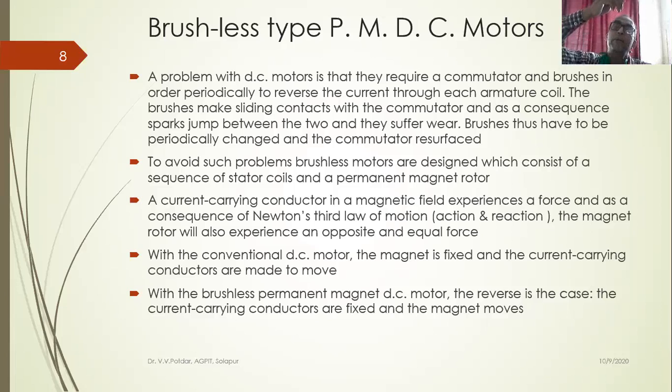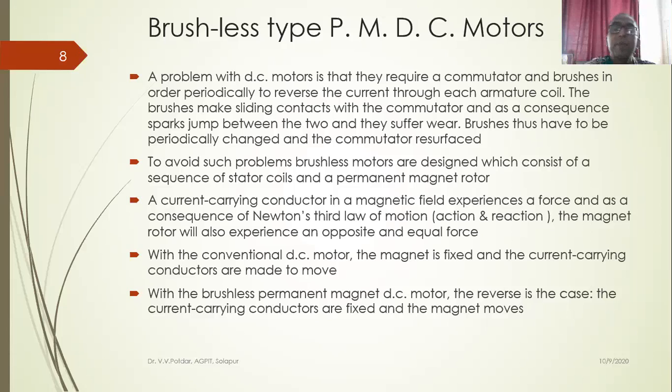The stator is developing, so to say, a sequential or rotating magnetic field, and that magnetic field is developing an electromotive force. So the magnets experience an equivalent opposite force, and that's how the rotor starts rotating. With the conventional, that means brush DC motor, the magnet is fixed, that is a stator magnet, and the current carrying conductors are made to move.